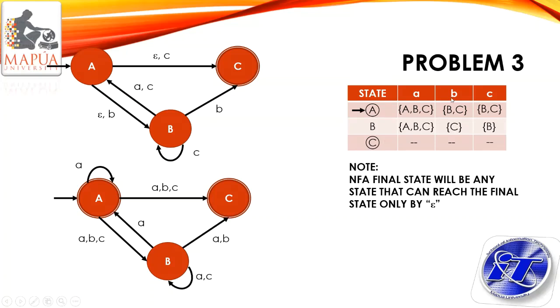And if it's B, we'll just go to C. And if it's C, it will go to B. Okay. So this is the final NFA for this epsilon NFA.